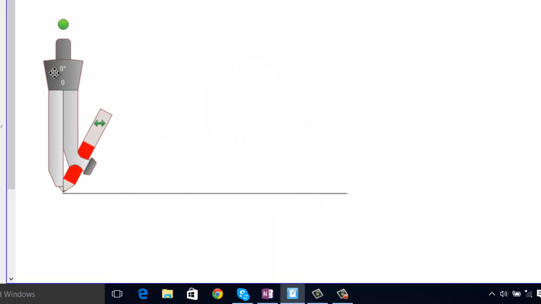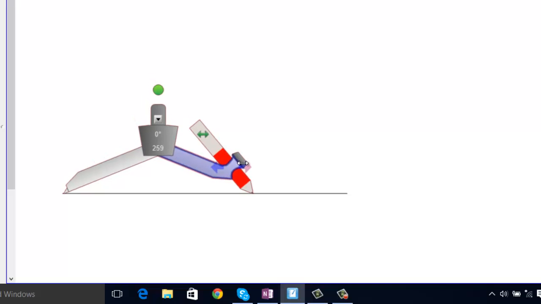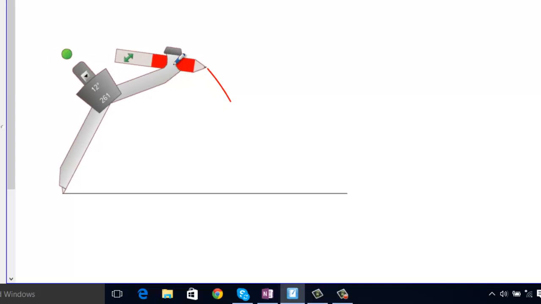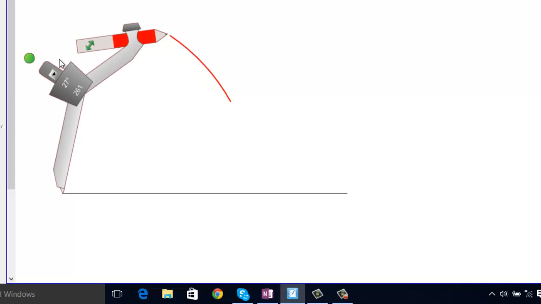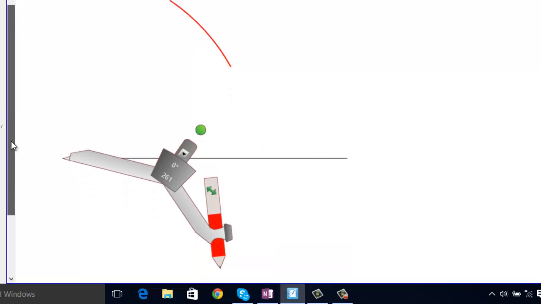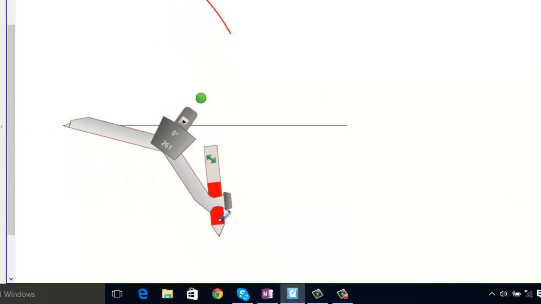I place the metal point on the edge, and I open my compass with an opening more than the half. After that, all I need to do is to draw a curve up and another curve down, one below and one up. So here we go.